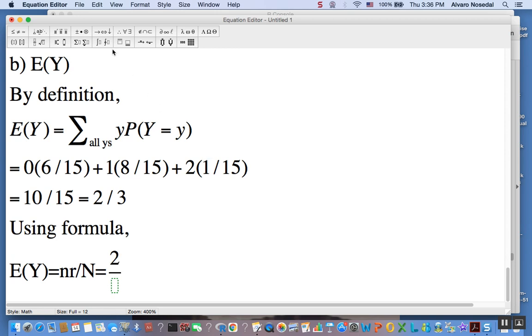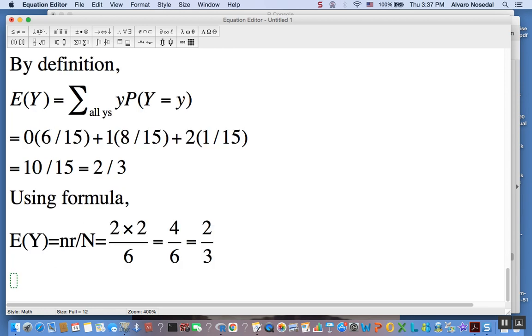Our number of successes in the population of interest, 2, and the population size, 6. So that's 4 divided by 6. And yeah, that happens to be 2 divided by 3. So same thing, it works. Okay, now let me just say something.